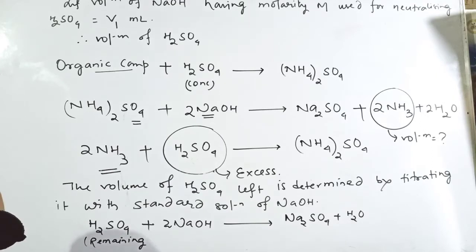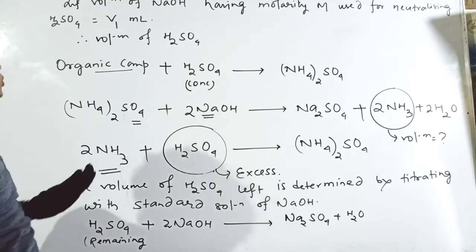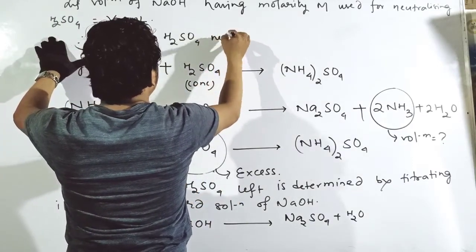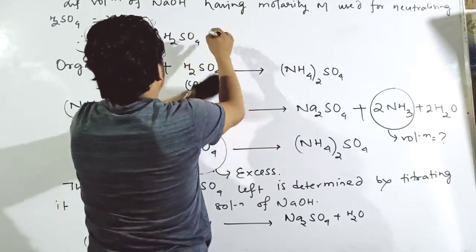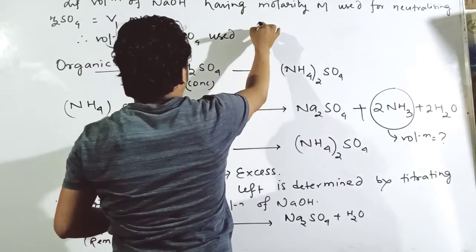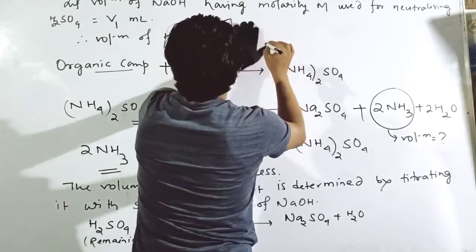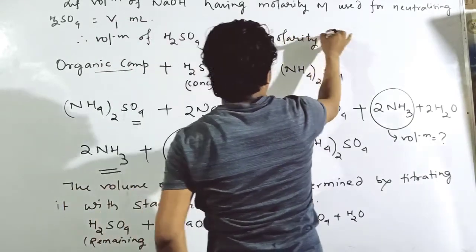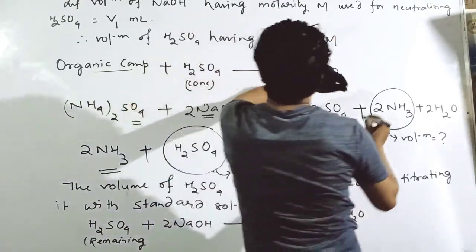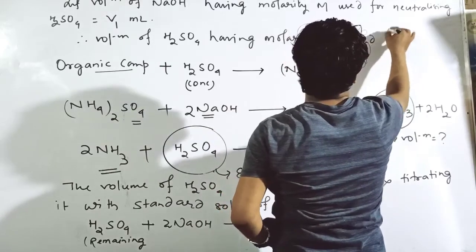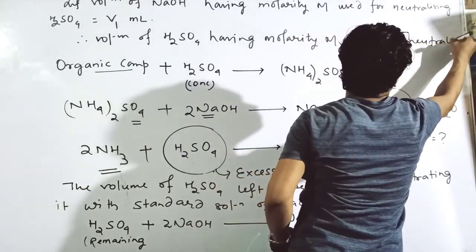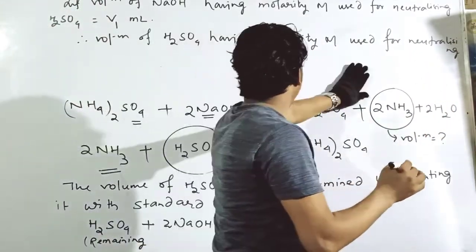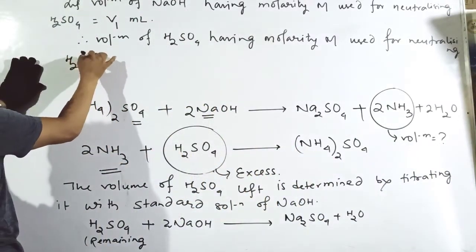The volume of H2SO4 having molarity M used for neutralizing sulfuric acid will be how much?